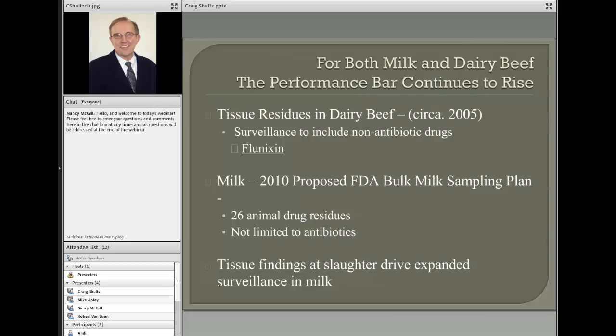On the tissue side, in 2005 there was a pilot project done for anti-inflammatory drugs, including flunixin. The results of that pilot project, which involved about 1,000 cows, was nationwide, done by FSIS, the Food Safety and Inspection Service. And they looked at 710 cows that they considered to be suspect for flunixin residues.